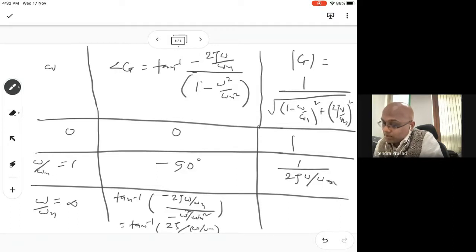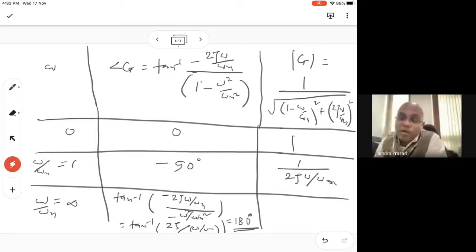So basically, if you take omega over omega n just a little bit less than infinity, you will get a negative angle. When omega tends to infinity, this value will be equal to 0 basically, and the angle will be equal to 180 degrees.